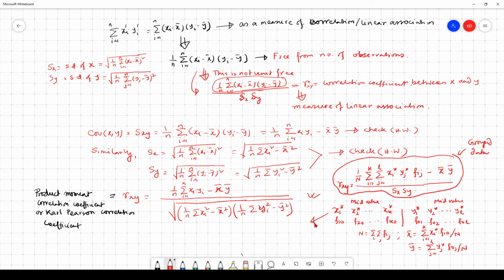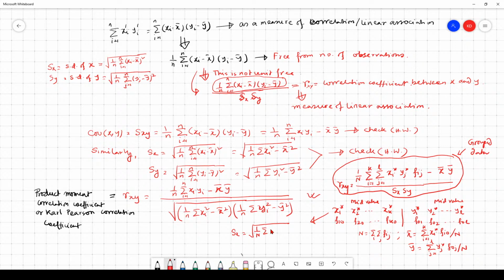And one more thing I need to define, that is sx, which is similarly for the univariate case. I think you can compute it for grouped data in the univariate case.